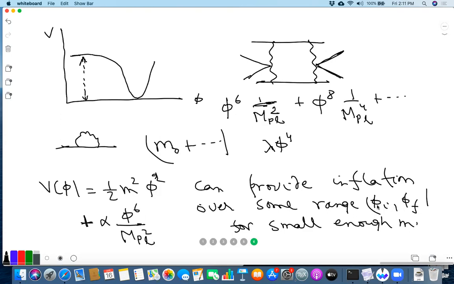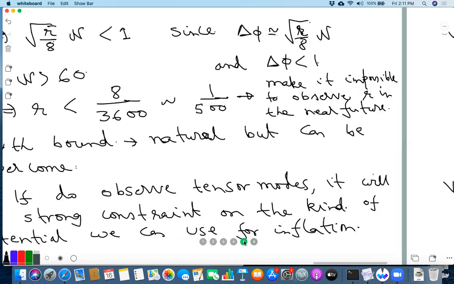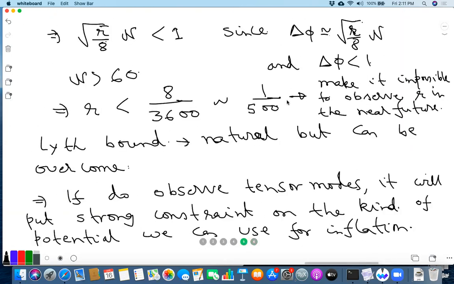And so one way is to make the scale of inflation small, because this is what the Lyth bound gives, right? That if r is small, we had seen earlier that r directly controls the scale of inflation. So small r means that the scale of inflation has to come down. Then there is no inconsistency.